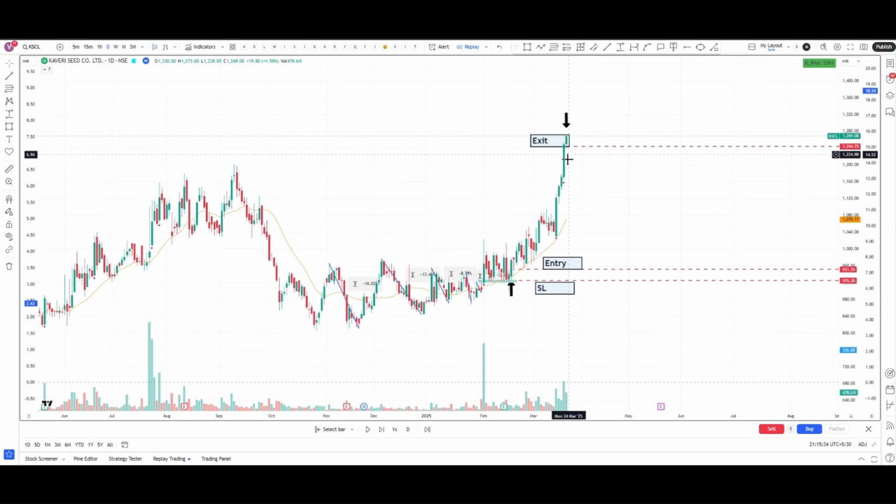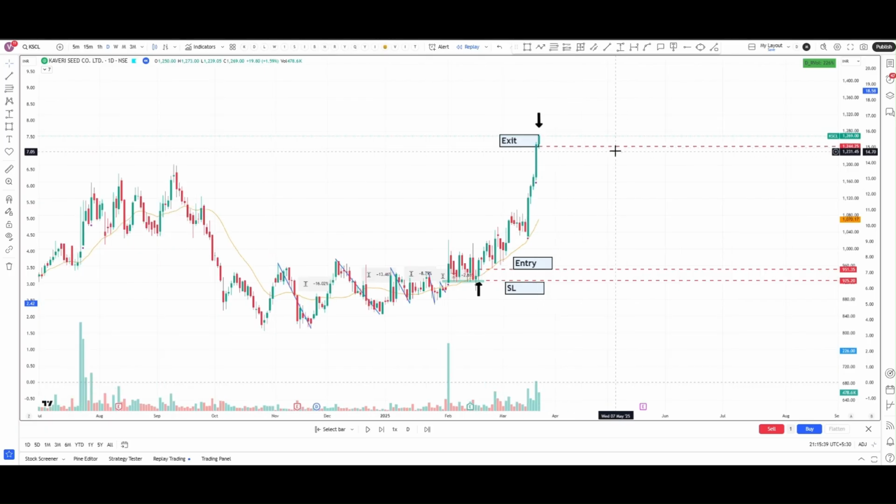This continued until this day, when I unloaded all my positions, because I could see there was a movement of around 20% in 4 days, and there were 4 consecutive green candles in KSCL with very good volume. So I anticipated this could be a case of super extension.